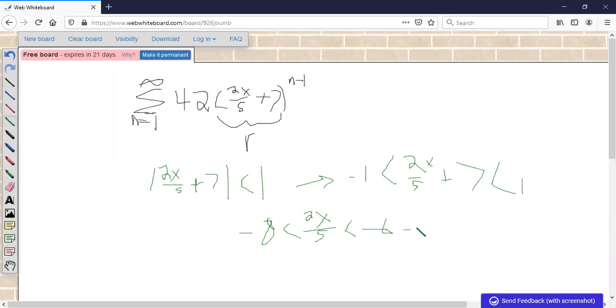And then finally, negative 20 is less than x is less than negative 15. And that's where this geometric series converges, for any x between negative 20 and negative 15 exclusive. And that's it. Just algebra to solve for an interval of convergence.